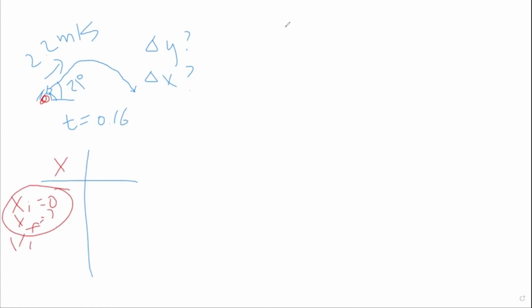Velocity initial, I'm going to break this down into components. This vector was 2.2 meters per second at 21 degrees, so I'm going to break that down into my x component. This is adjacent, so it's going to be 2.2 cosine of 21 degrees, right?